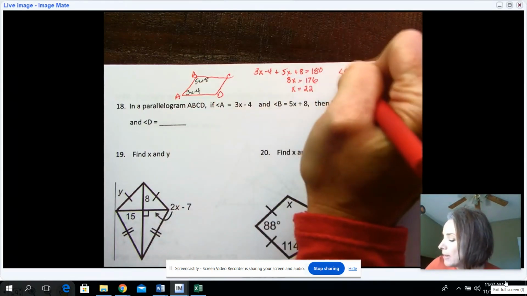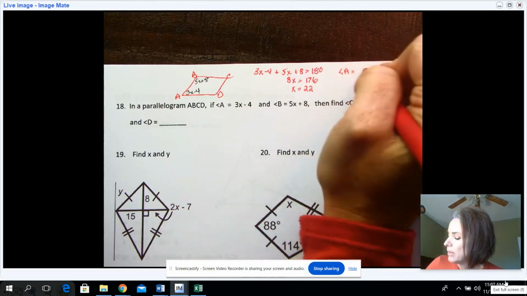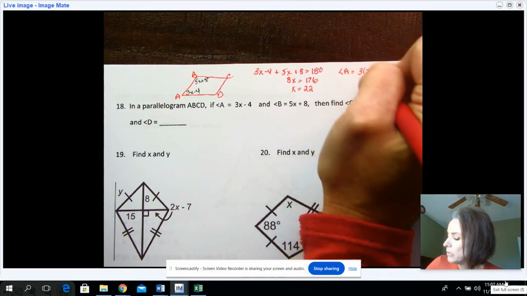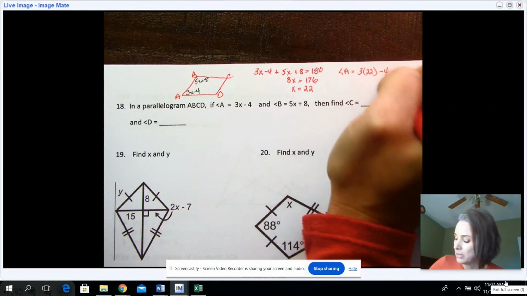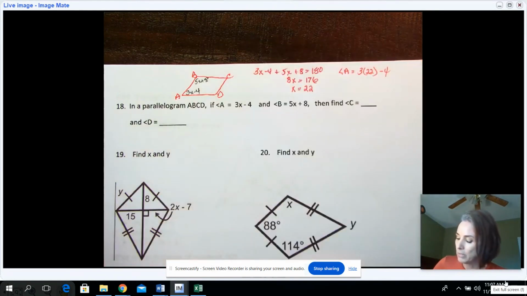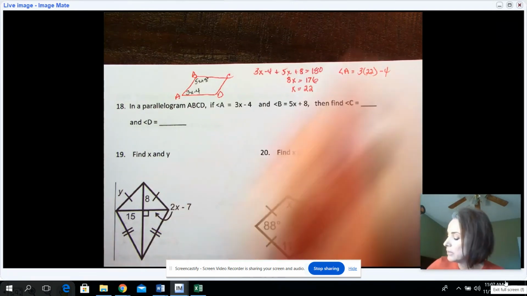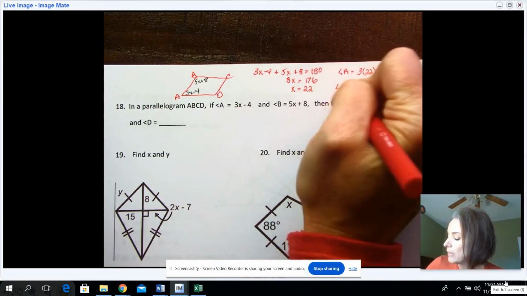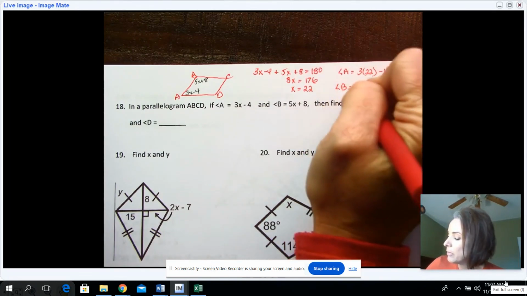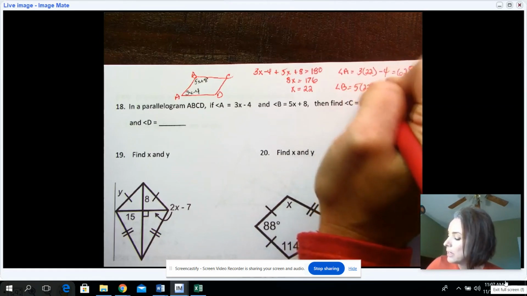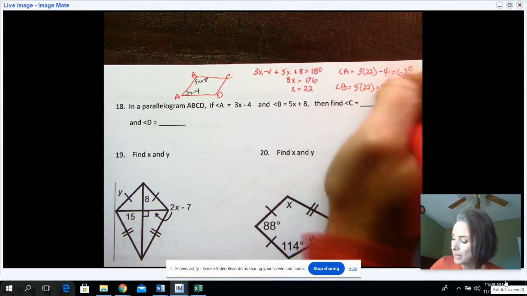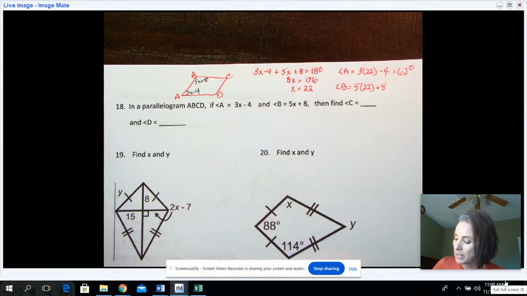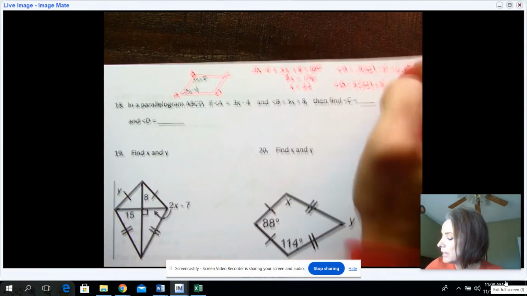So angle A would be 3 times 22 minus 4, and 3 times 22 minus 4 is 62 degrees. So angle B would actually have to be the supplement, but we'll work it out. It would be 5 times 22 plus 8, so 118 degrees.